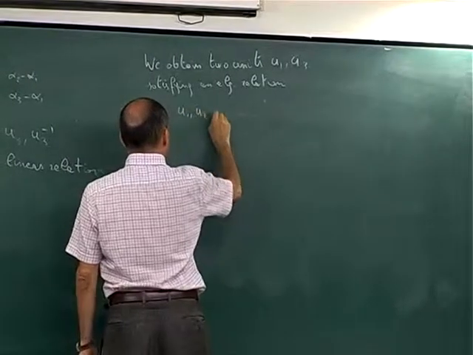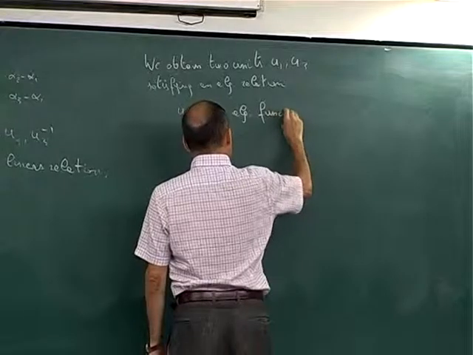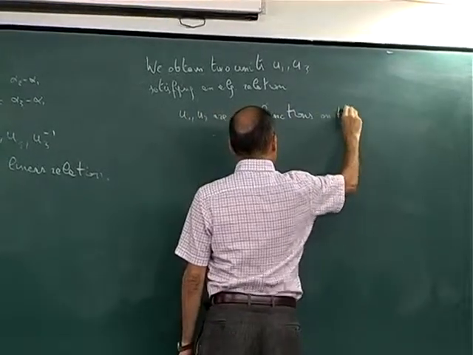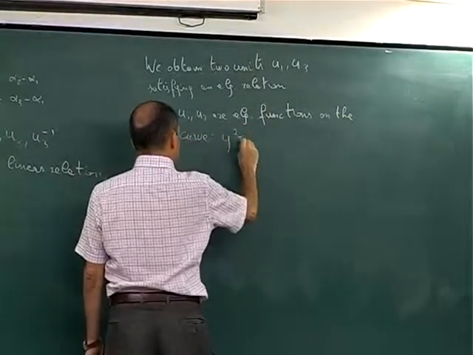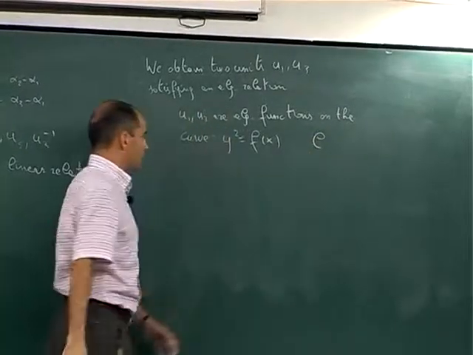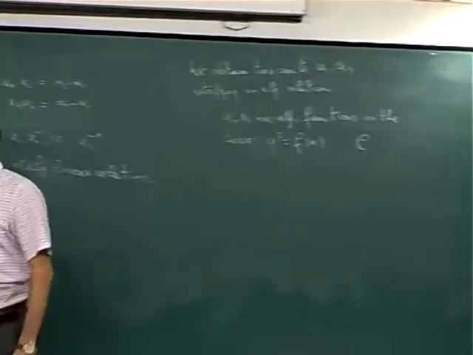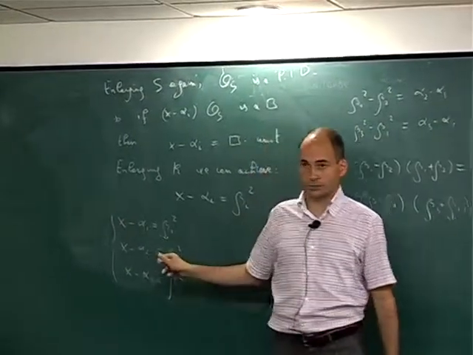u1, u3 are algebraic functions on the curve y square equals f of x, which we call C, this curve. Algebraic, but not a rational function, because the betas are obtained by taking square roots.